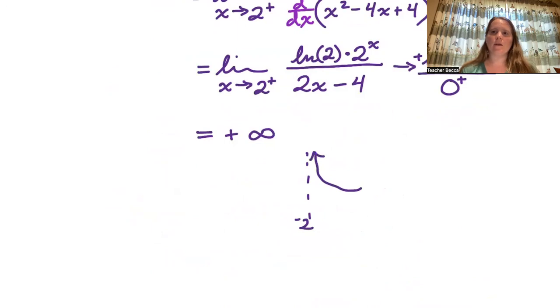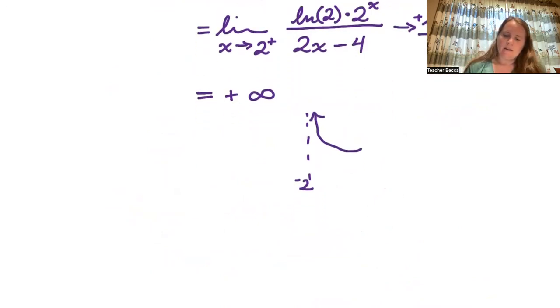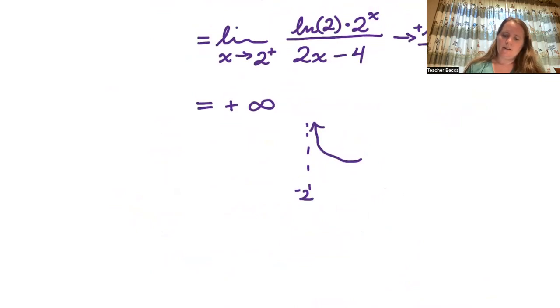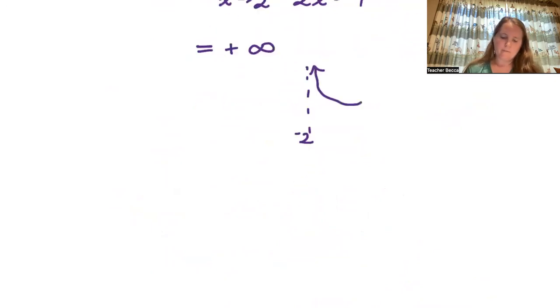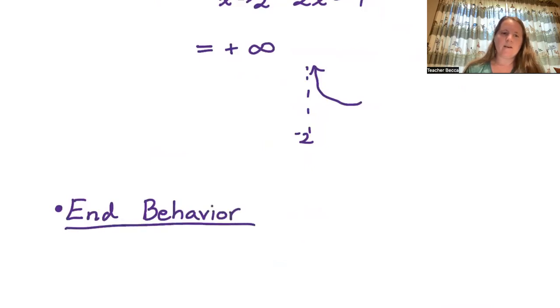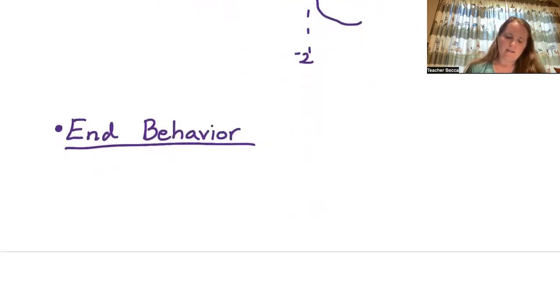So that's our discontinuities and the behavior at the discontinuities. Next up, we want to look at end behavior. So for end behavior, again, we're going to do on the left and on the right.